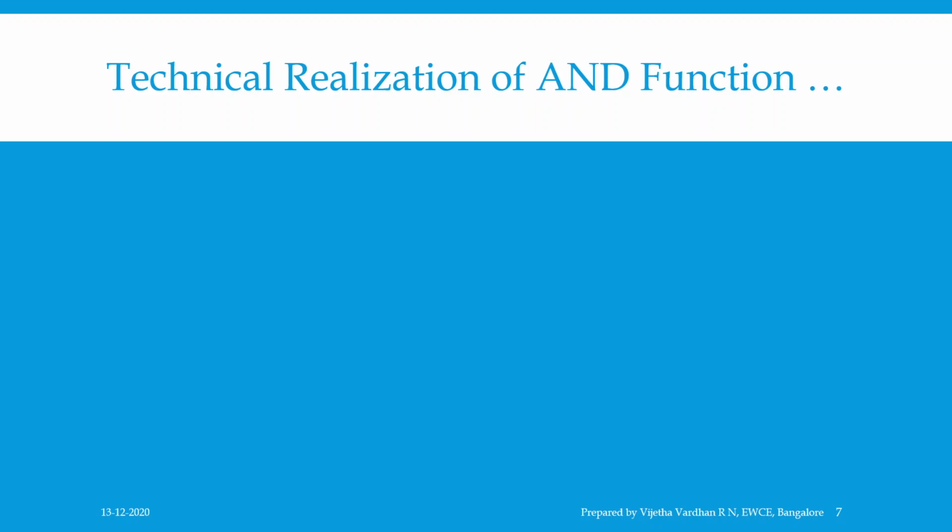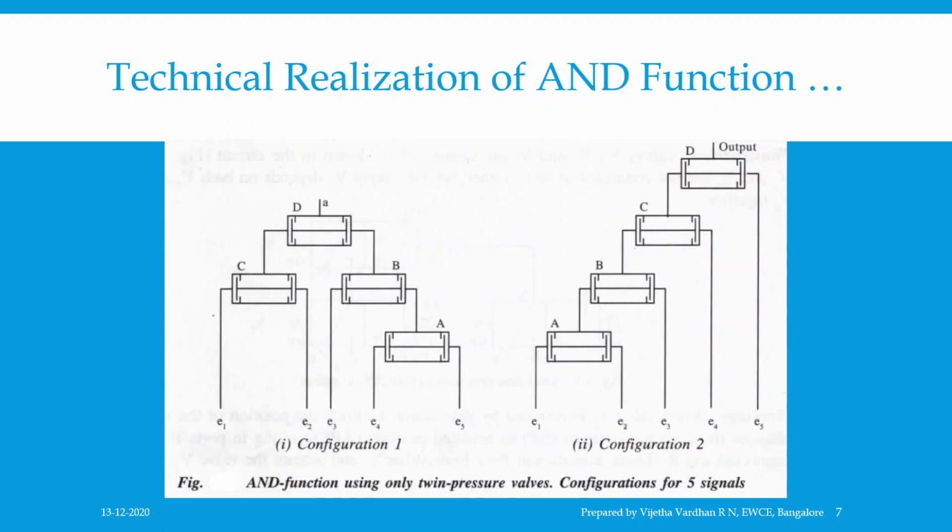Then coming to another technique, using only twin pressure valves. If there are n signals, if all signals are high, then the output will occur. This can be achieved using n minus 1 twin pressure valves, and the figure shows the two configurations for five signals.